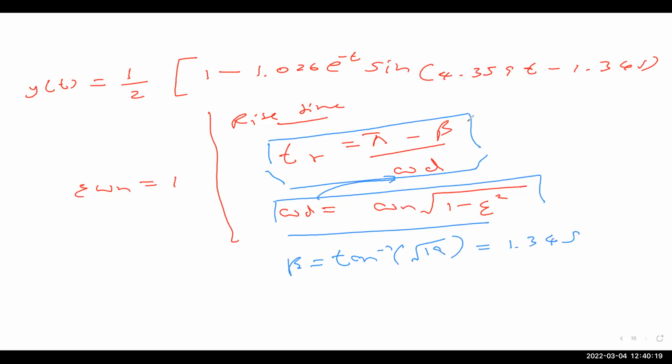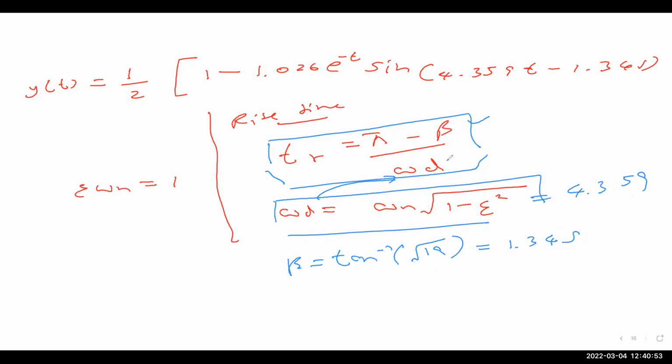So you got beta, you compute this. So it's pi minus 1.345 divided by omega d. Omega d, if you substitute this, you will get 4.359. All right. So you just substitute all these in this function.